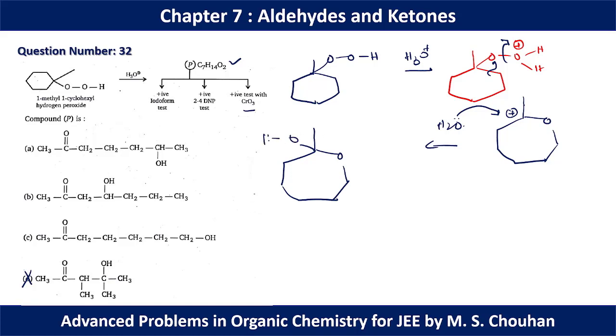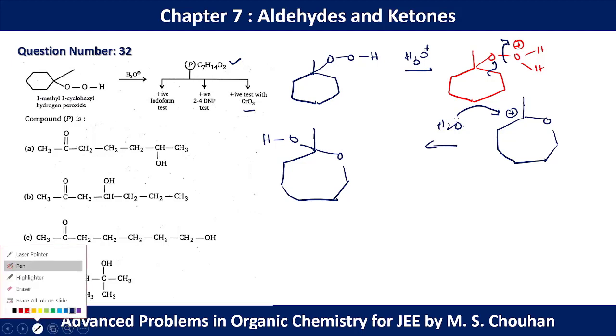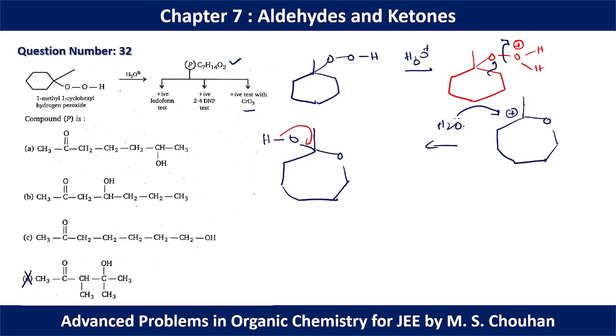Okay, so in the final step we can dissociate this bond and this is also eliminated. So in the final step we can draw the final product like this: 1 2 3 4. We have 4 CH2 present here, then CH2OH. Okay, so for question number 32, option C should be the correct option.